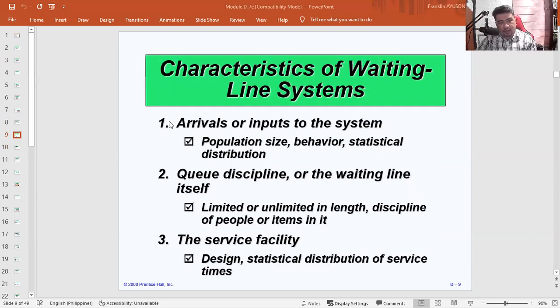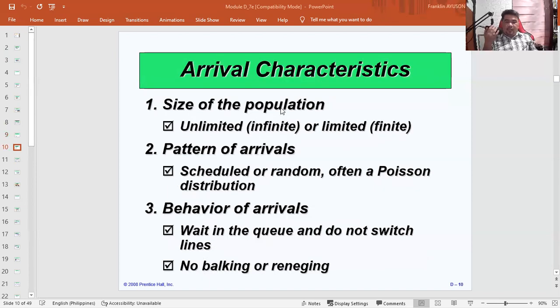Now notice, we're talking about the first characteristic of the waiting line, the arrival or inputs. Meaning the population size, the behavior, the statistical distribution. So the arrival characteristic can be based on the size of the population wherein it can be unlimited or infinite or it could be limited or finite.